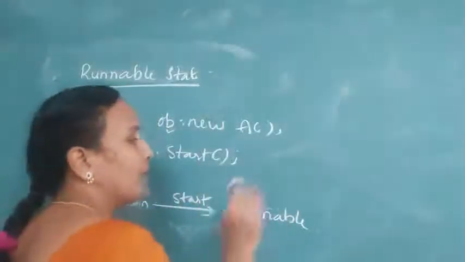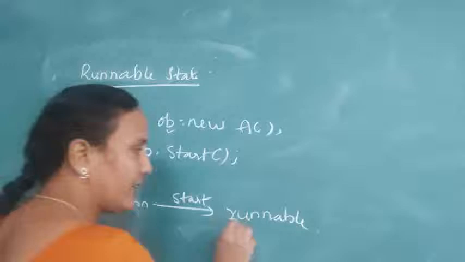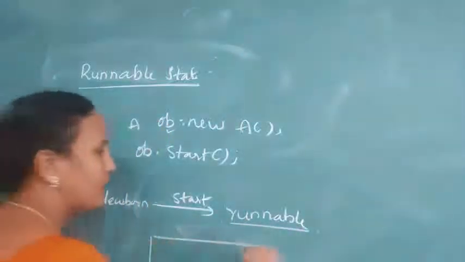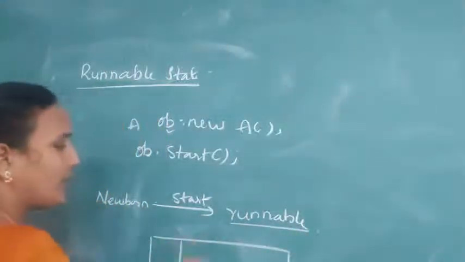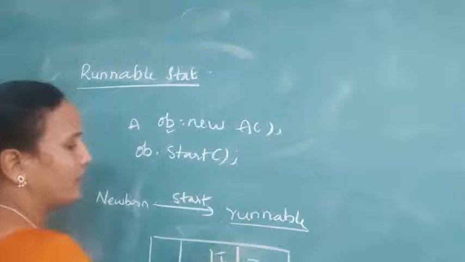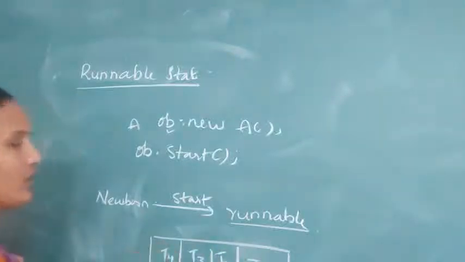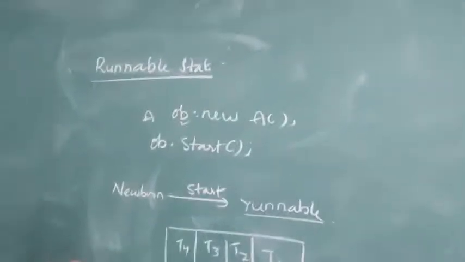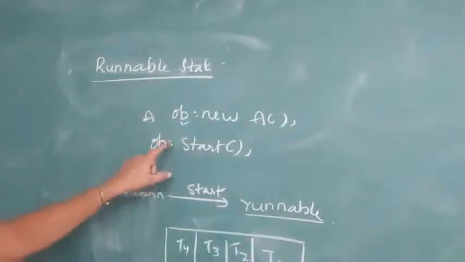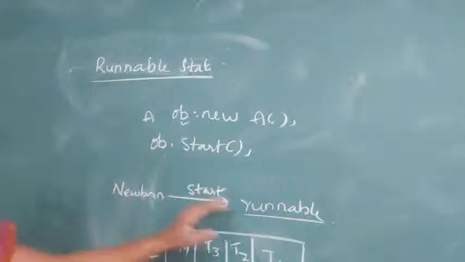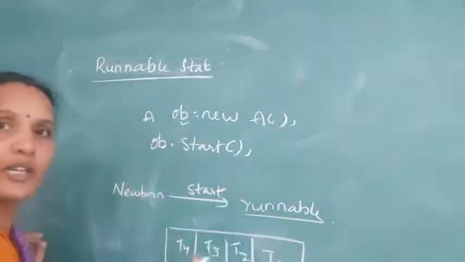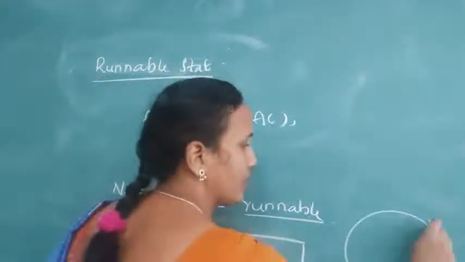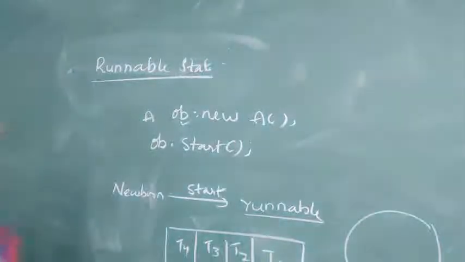When a thread enters the runnable state, for example, this is a queue. We have thread 1, thread 2, thread 3, thread 4. When you call the start method, the thread moves from the newborn state to the runnable state, and runnable state means the thread is waiting for the processor time.